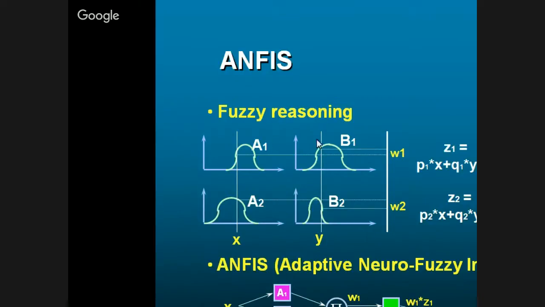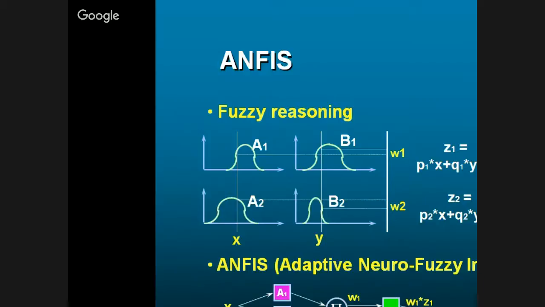So A1 and B1 will define your weight W1. Similarly, for the same values, A2 and B2 will give you the weight W2. After that, the next layer will give you the strength with which you are going to fire. W1 and W2 give you the strength, but you multiply with some function, which will define at what strength you fire the system.